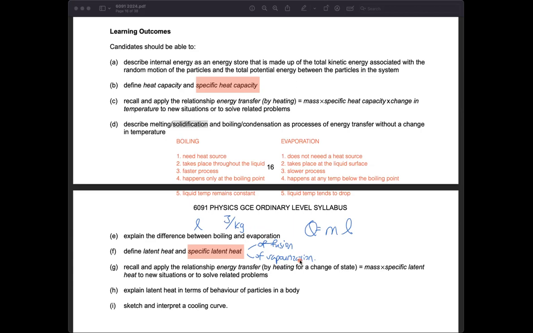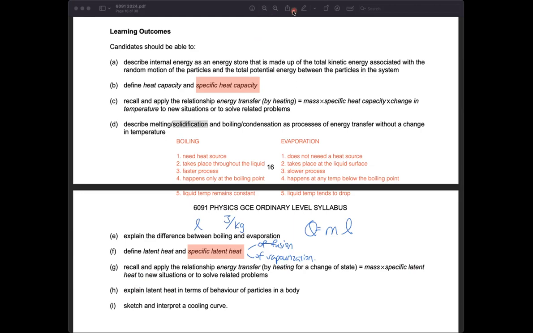Okay. So now we know that this L is energy divided by mass. So if I were to rearrange the formula to make the energy the subject, you will get Q equal to ml, which is this. Energy equal to mass times specific latent heat.